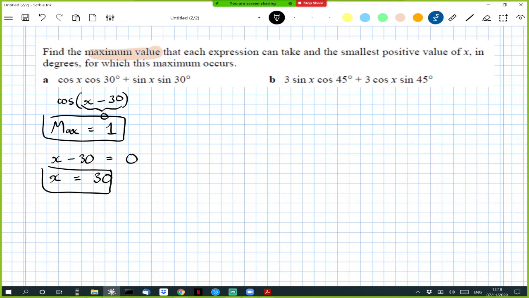So that can be written as, if we take out a factor of 3, sine x cos 45 plus cos x sine 45. And look at the formula sheet, we can see sine cos, cos sine. That would be the sine compound angle, and it's a plus, so that would be 3 sine of x plus 45.